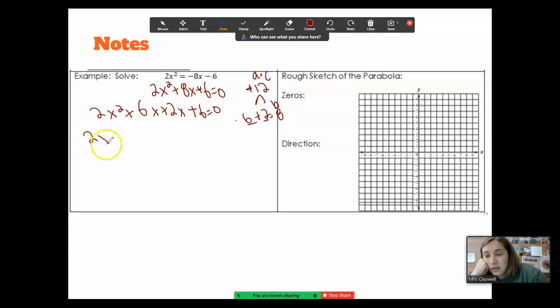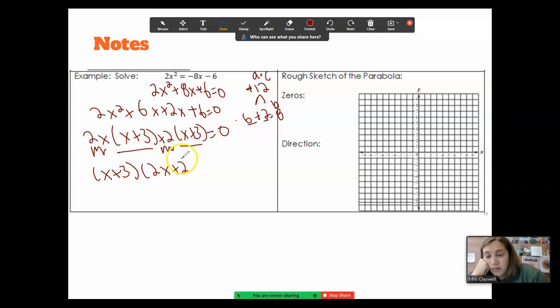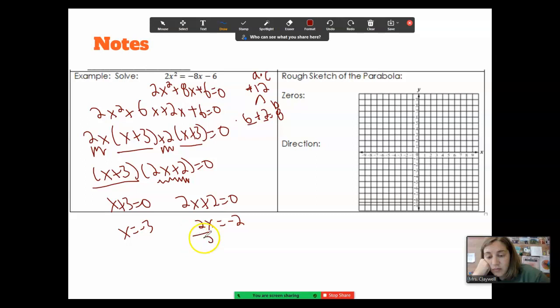Now I can factor out a 2x from this first part. So here are my 2 zeros.